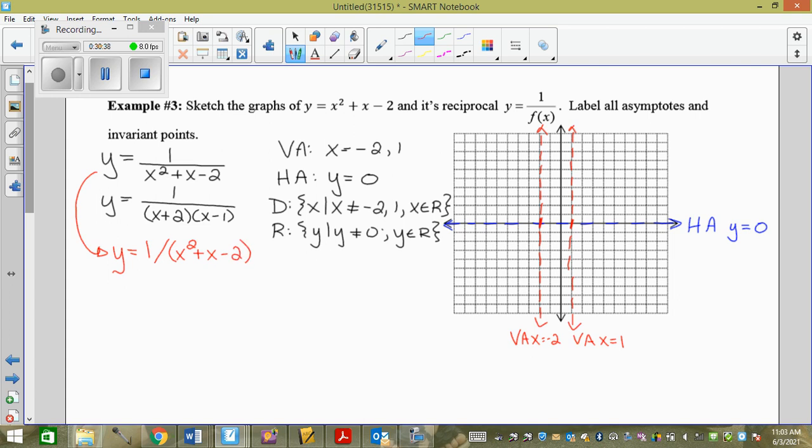So everyone's going to type that in, and then follow along with me. We get x squared plus x minus 2. Then press graph so you can kind of see what it's going to look like.